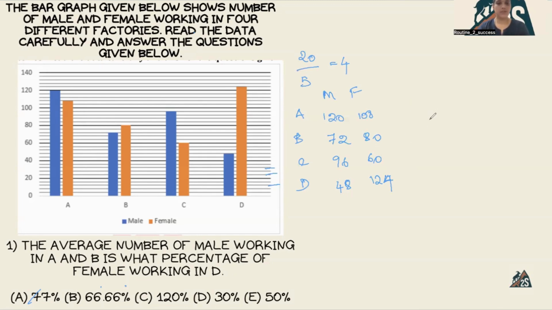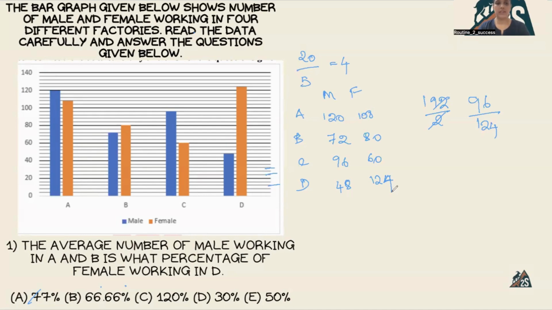Average number of males working in A and B is 192 divided by 2, which is 96. It is what percentage of females working in D, which is 124? When we see the options, it is 77, 66%. We can surely eliminate C, D, E because C is out of range and D and E are much lesser than the value.